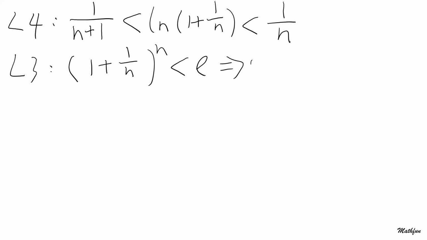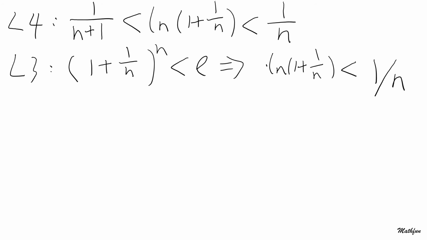So that will give you n times the natural log of 1 plus the reciprocal of n smaller than 1. Isn't that true? Right, that's it. You just move n to the other side, and divide by n. So we prove our second portion.